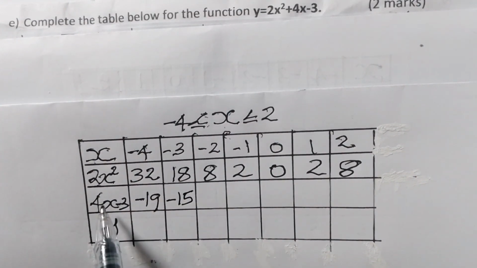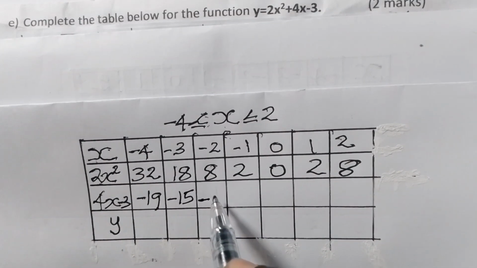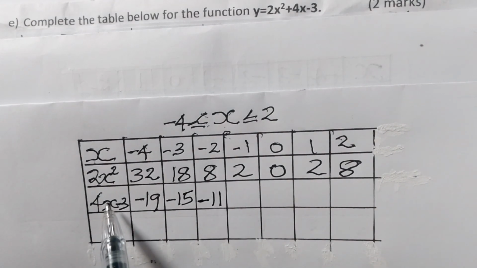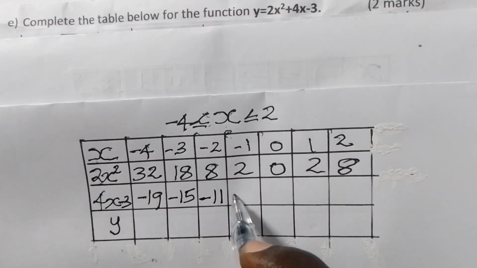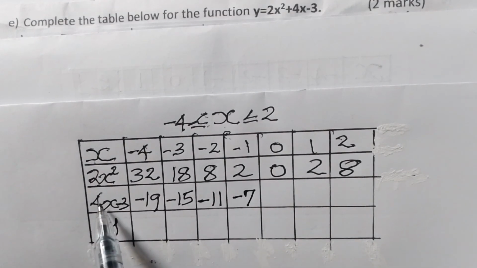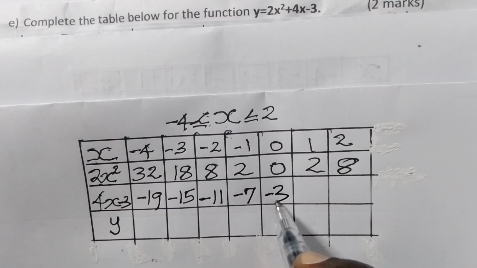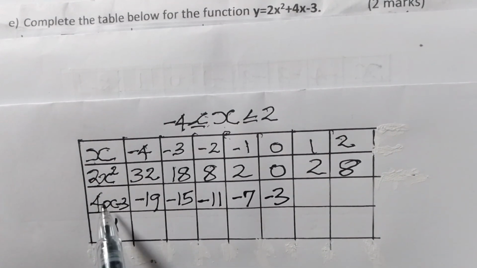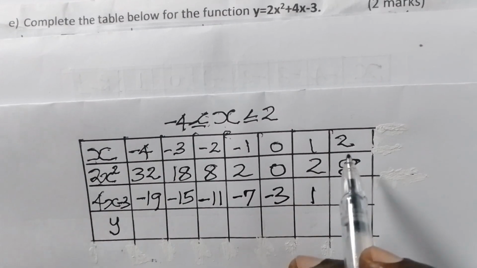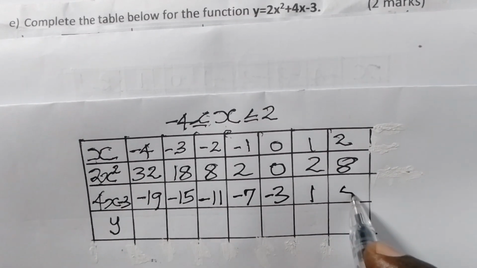Negative 2 times 4, negative 8 minus 3, negative 11. Negative 1 times 4, negative 4 minus 3, negative 7. 0 times 4, 0 minus 3, negative 3. 1 times 4 is 4, 4 minus 3, 1. 2 times 4 is 8, 8 minus 3, 5.